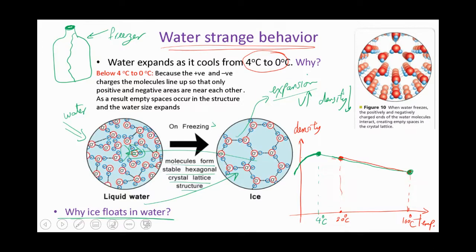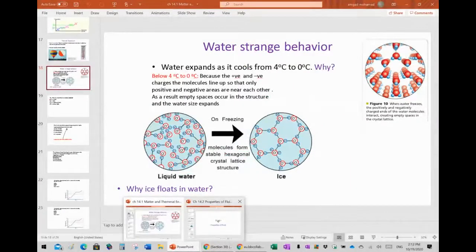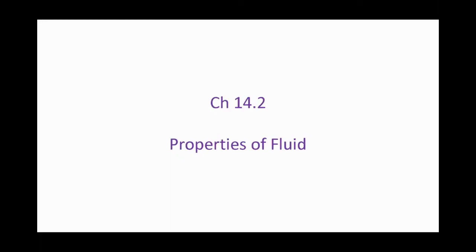So let's move to something else. The properties of fluids. What do you mean by fluid? Fluid means مائع. It's whatever substance that can flow. A substance that can flow, we call it a fluid.